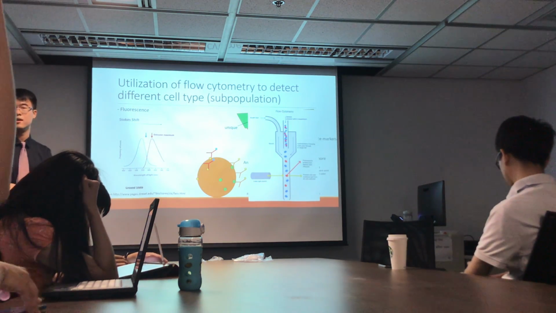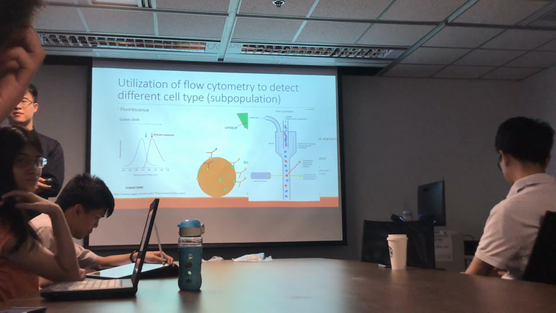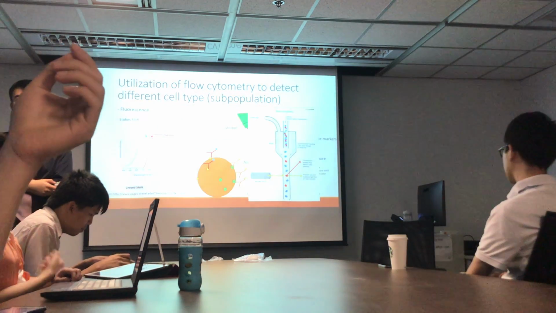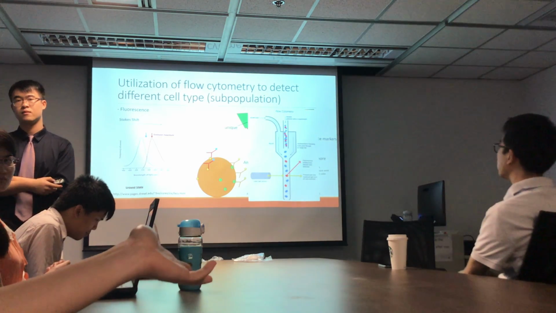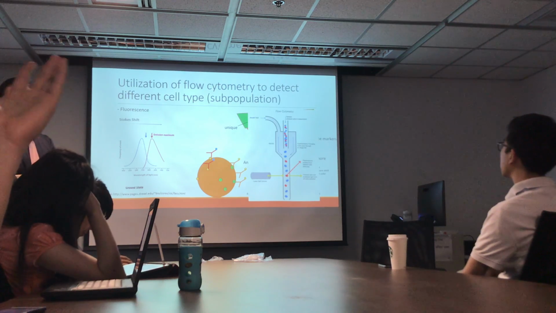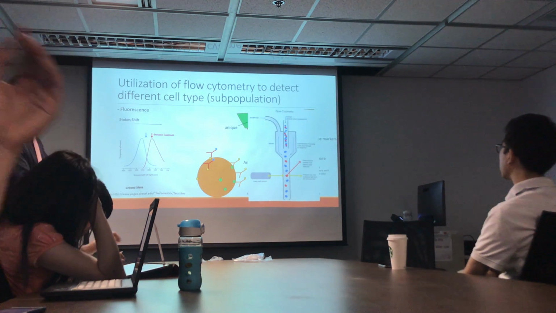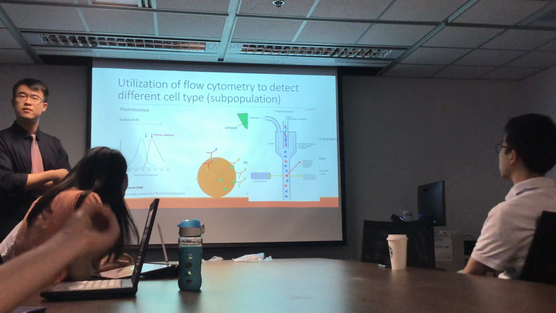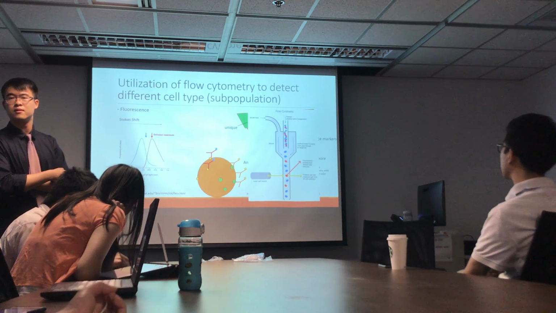One question. Does the fluorescence need to be extracellular or intracellular or both? Extracellular is okay, of course. How about intracellular, where the fluorescence is inside the cell? Can it be sorted?